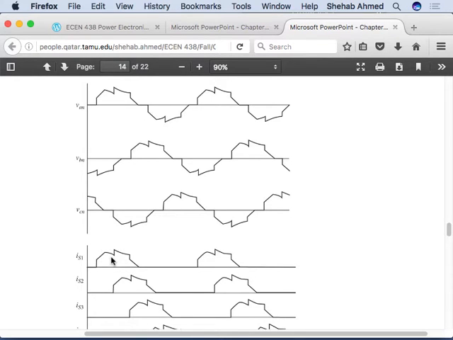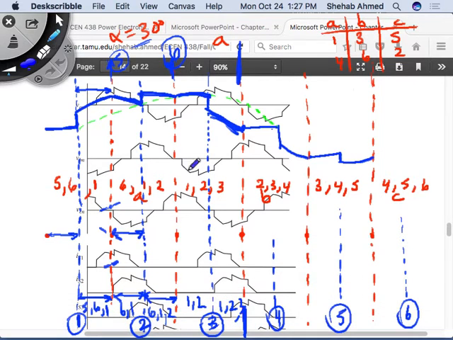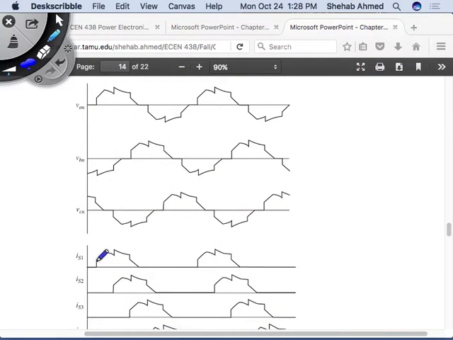I said that I have 6 and 1 on, and then 6, 1 and 2, and then 5, 6 and 1 on, which means that during this interval there was current in switch 1, right? So at some point you would have to draw the current in switch 1.